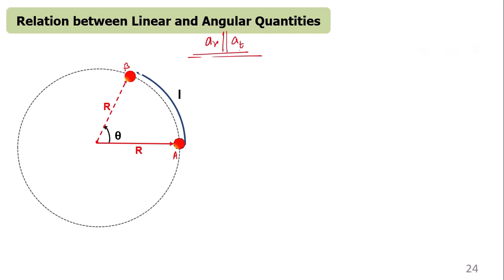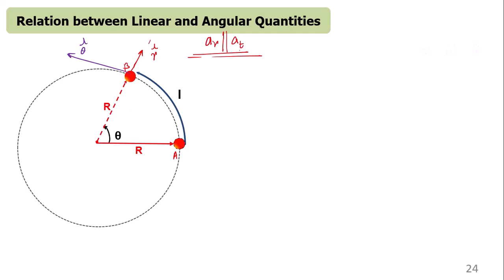The idea is like this. Let us say I draw a radial vector along this direction. Along this direction, I identify the unit vector as r cap. And tangent to that, I identify another unit vector, the theta cap vector. So these are two unit vectors.